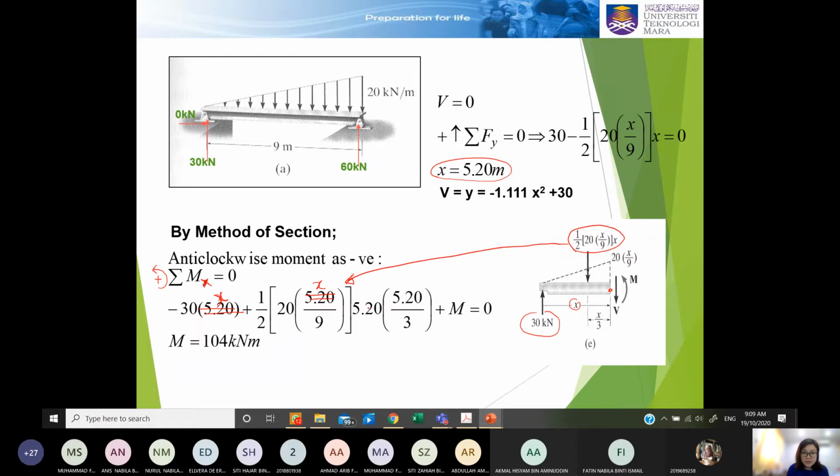This is the resultant as well. These are all the resultants. Next we multiply this resultant with the distance to the x, which is x divided by 3, x over 3.